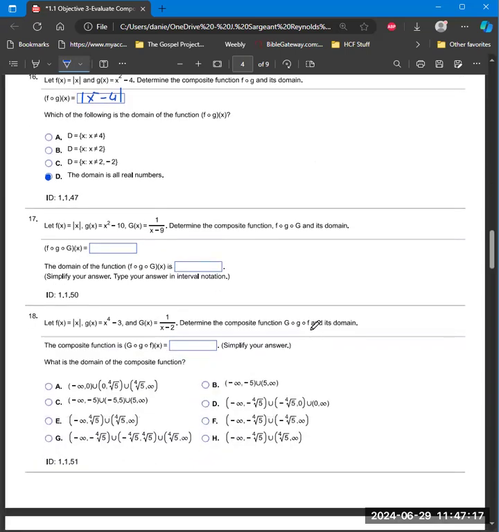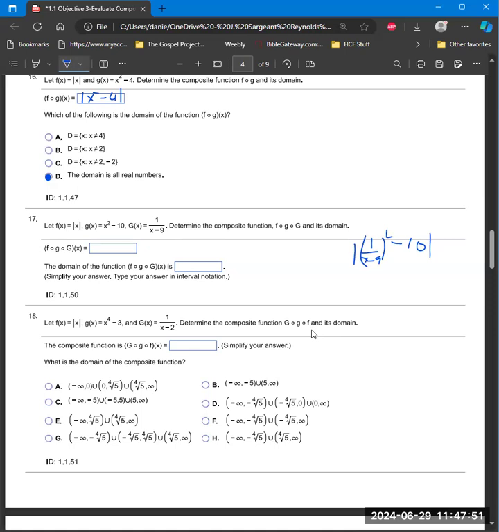So let f be the absolute value of x and g be x squared minus 10, and capital G be 1 over x minus 9. Find f of g. So we want the absolute value of 1 over x minus 9 squared on the inside, which has minus 10 on the inside as well.